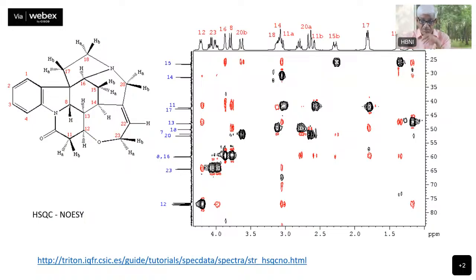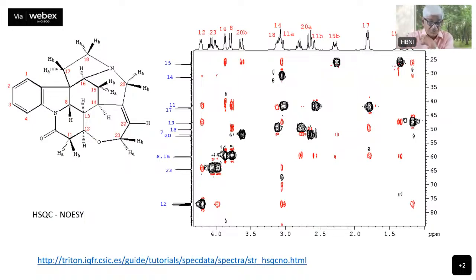The NOEs, you can see very beautiful NOEs there. Let us take this 15. These were the two TOCSY peaks, right? This is 15A and 15B. They are HSQC peaks. Now, HSQC NOESY it is.